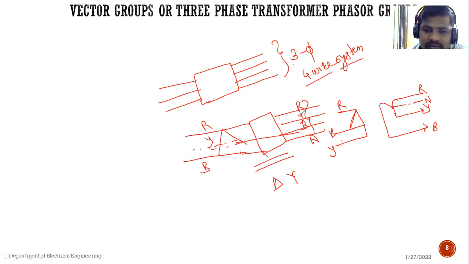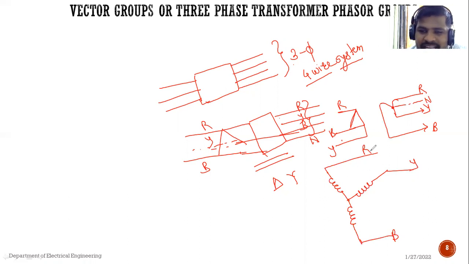See, if I draw a diagram here, suppose I am drawing one diagram here. See, this is the R phase, this one is the Y phase, and this one is the B phase. Suppose this is for the primary side.